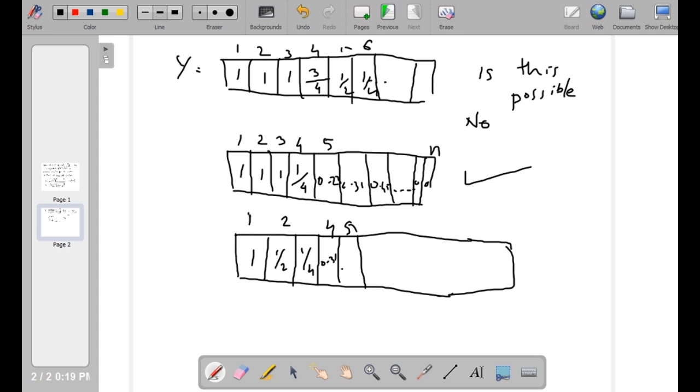Fifth item, he picked 0.37 part, and sixth item, he picked some 0.16 part. He can continue like this. At some point his knapsack capacity will be exhausted, and hereafter he can't pick items. So this is also possible.